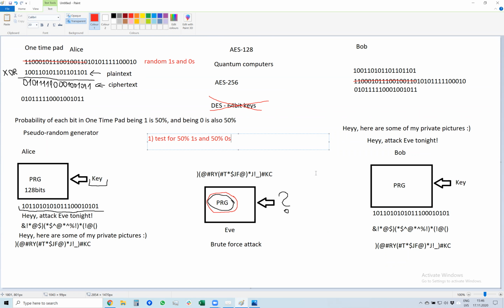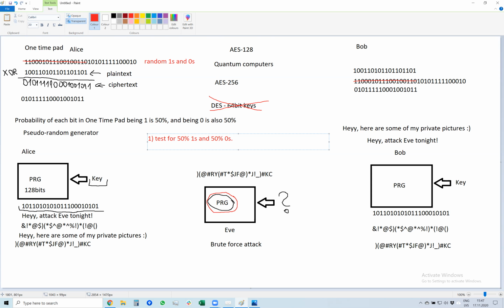We would have, for example, 5 gigabytes of output, and then you just run some algorithm that counts the number of ones and zeros. And the number should be almost equal to 50%.